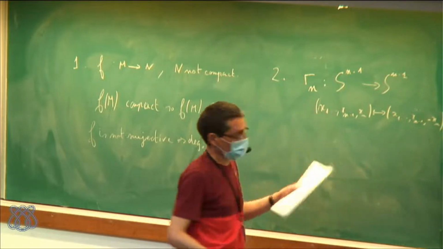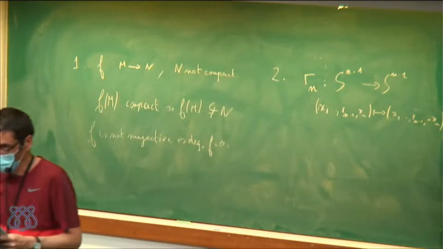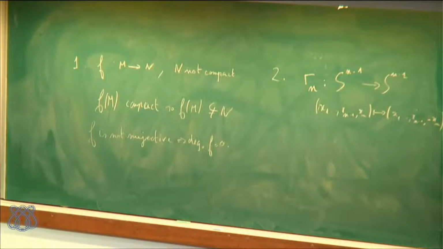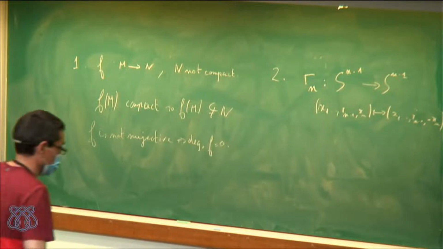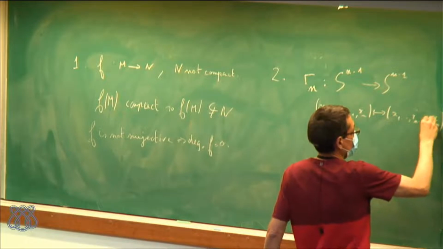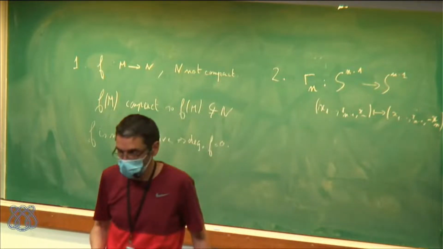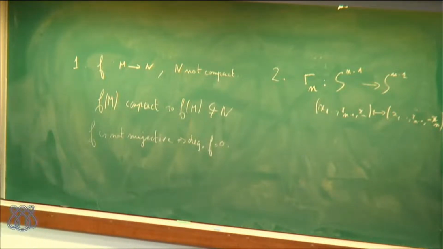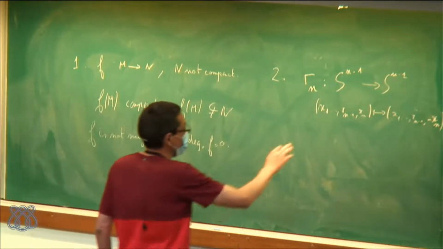So we saw that the degree was -1. I will explain it. It's not difficult, but I will give a kind of rigorous proof. You can't read this n here.